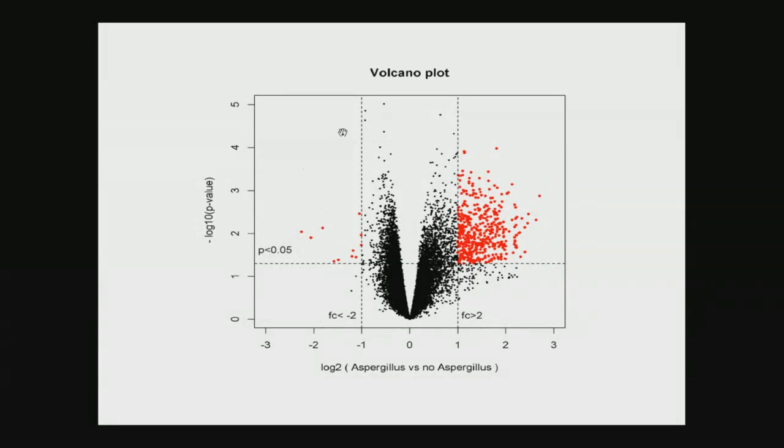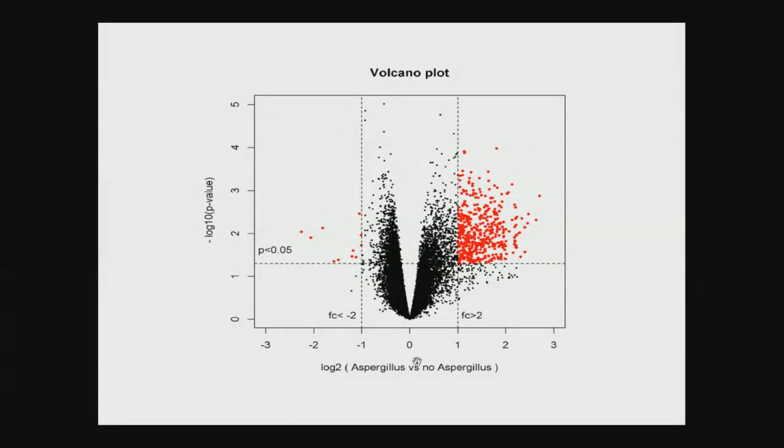So we would like to focus on these two rectangle areas, and it will usually highlight the dots with color in these two areas. And as we can see here, we get an agreement. This is usually what we call the upregulated genes, because it comes with a positive fold change.